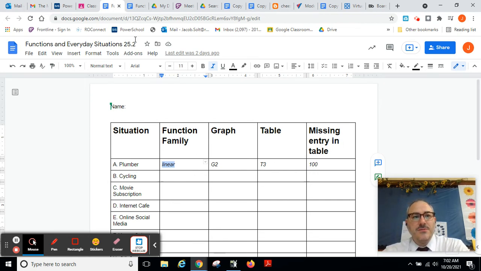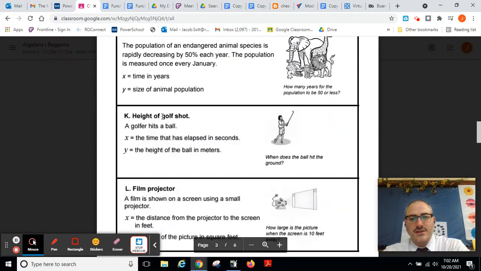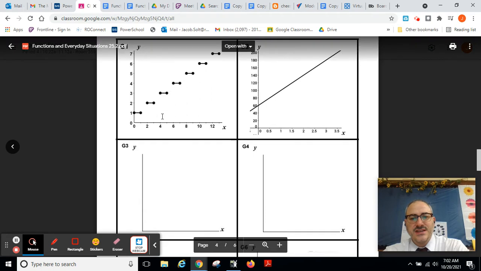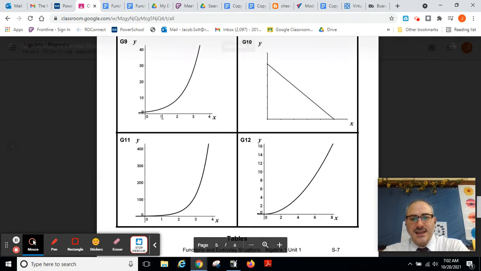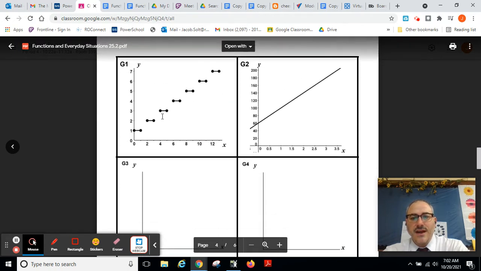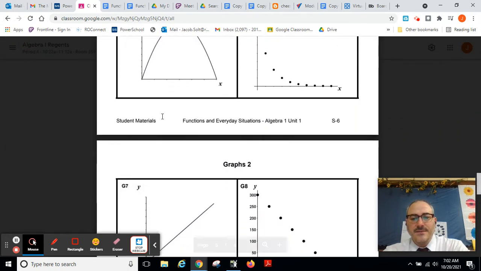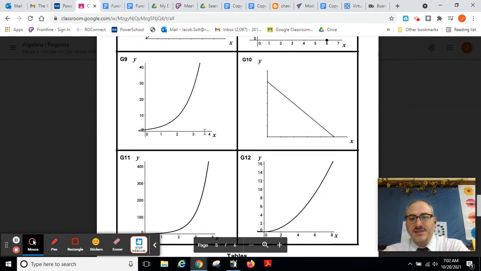All right, we need to determine the graph. The graphs are over here. So you scroll down past these situations, and here are my graphs. So what am I looking for? I'm looking for a graph that is linear and going up. Can you see any graphs that are linear and going up? I'm seeing this is linear, but it's going down.